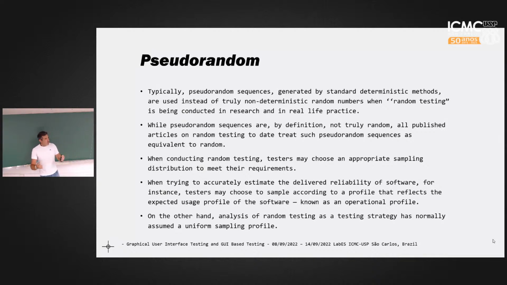And according to this profile, we can decide to generate random values from this profile. Or, on the contrary, we can decide to define random values that do not adhere to that profile in order to generate values that are unexpected by the programmer, by the developer.